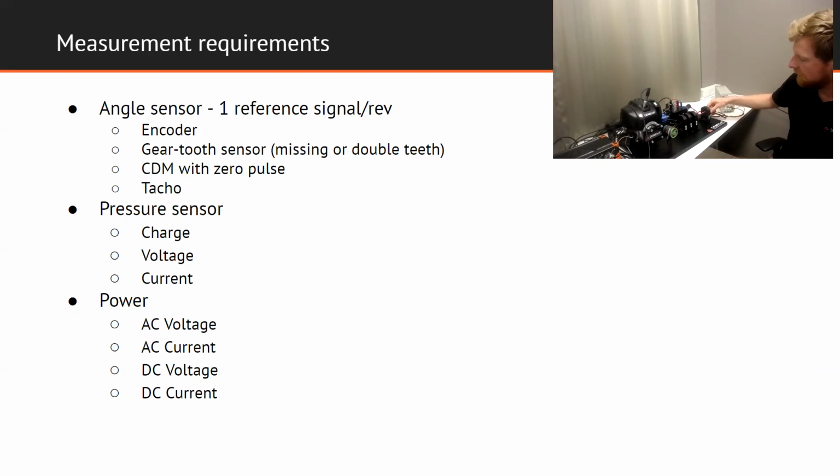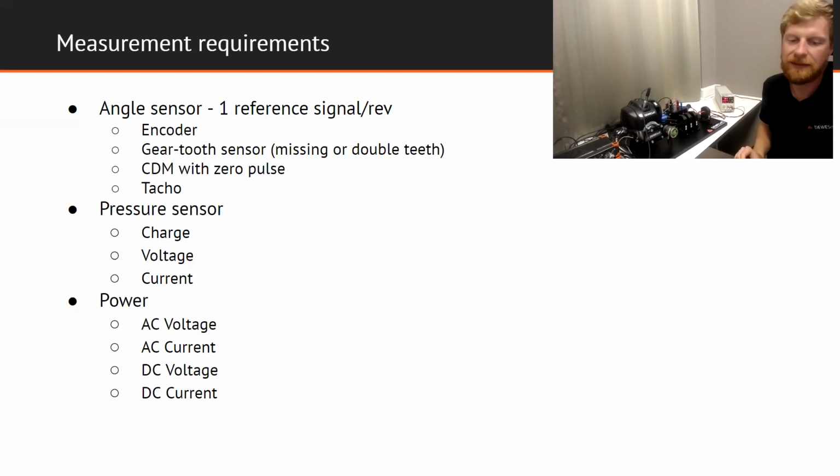We are measuring current on the DC power source with a current clamp. We're also measuring voltage on the DC power source. And then with these three power current clamps, we are measuring the current of the electric motor, and we are measuring all three line voltages of the electric motor.